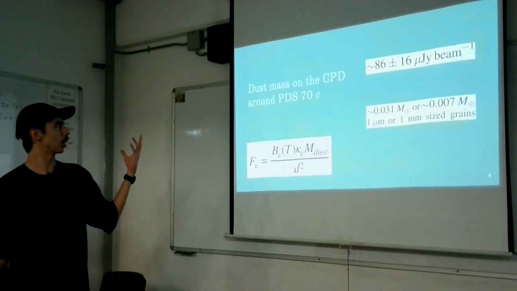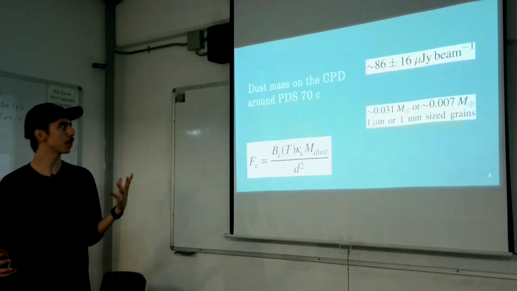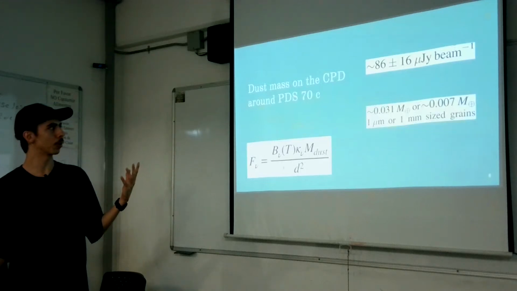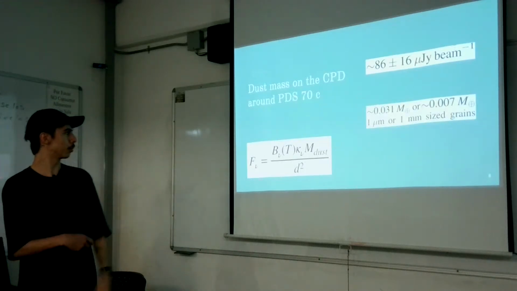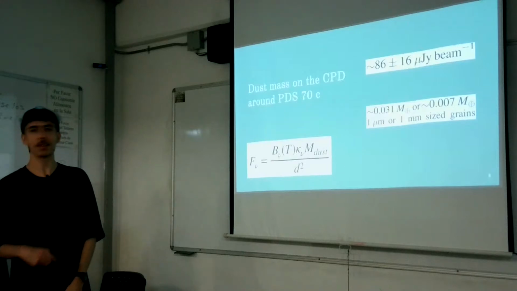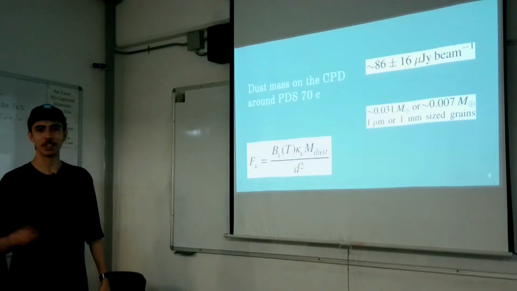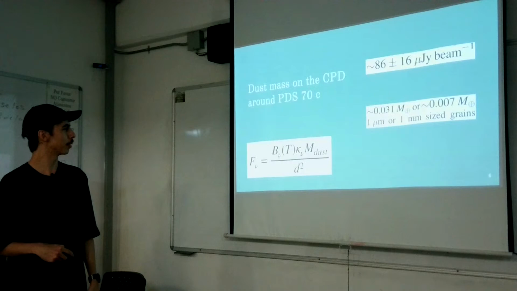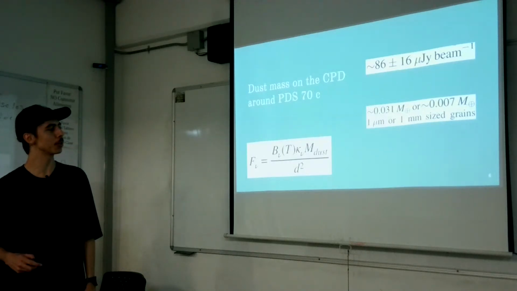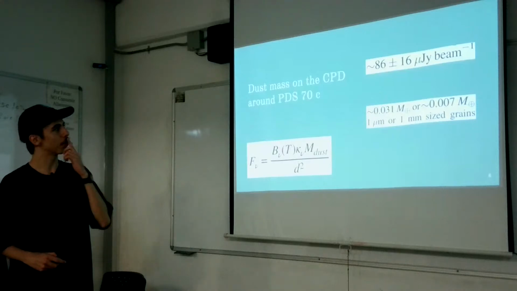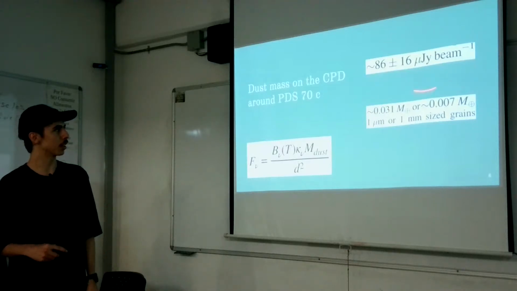If you remember how to calculate dust mass from your intensity, we derived this on Tuesday, I think. Some of my fellow classmates have shown this relationship earlier, and they measured this intensity that is reported right here.